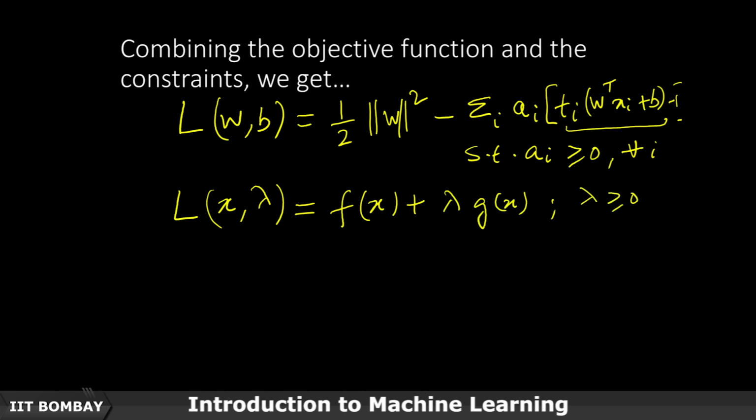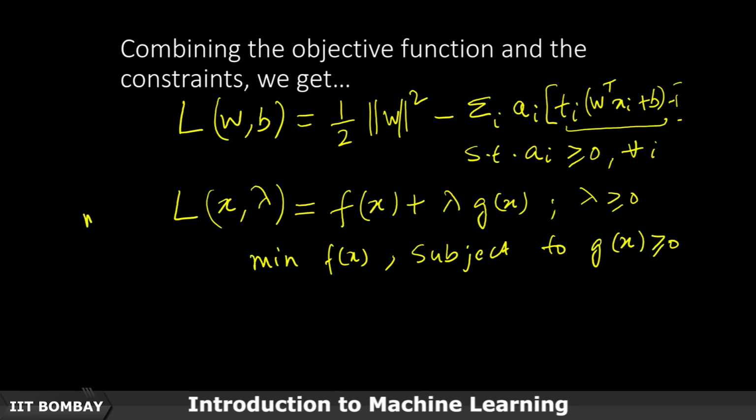If we want to minimize this function, we are encoding minimizing f of x subject to g of x greater than or equal to 0. This first form and this second form are equivalent. Why are they equivalent? That basically goes back to the Lagrange multipliers.